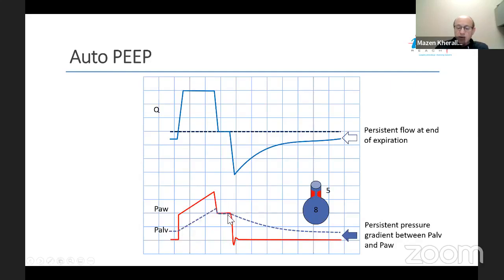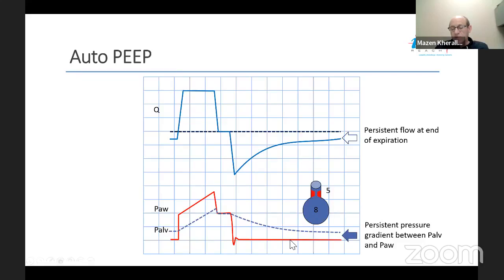Now in expiration, when you exhale, the airway pressure goes down to 0 or to the PEEP level, whatever you set on the PEEP. Here it's set at PEEP of 5. The alveolar pressure is maintained at the Auto-PEEP pressure, and you have a gradient between the alveolar pressure and the airway pressure. The alveolar pressure is 8 centimeters of water.